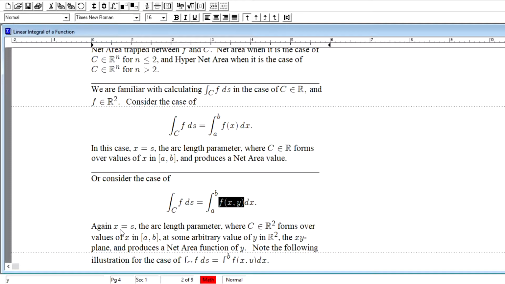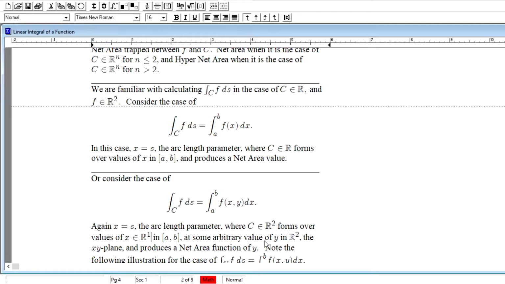Again, x is going to be equal to s, the arc length parameter, and this is going to be a case where C is going to form in 2 dimensions over values of x, we might say here, still in 1-dimensional space, over values of x contained in R sub 1 in this closed interval from A to B at some arbitrary value of y in 2 dimensions.